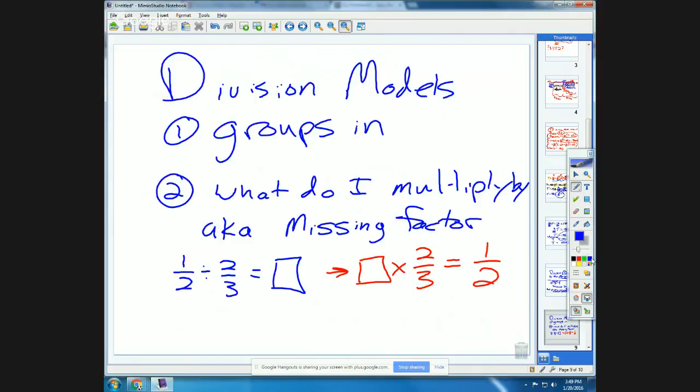So is there a 3 in the denominator over here on the right side? So that means we have to find a way to get rid of that 3, don't we? Where could we put a 3 to get rid of that? Put a 3 on the top. So there has to be a 3 there. Okay. Is there a 2 in the top over here?